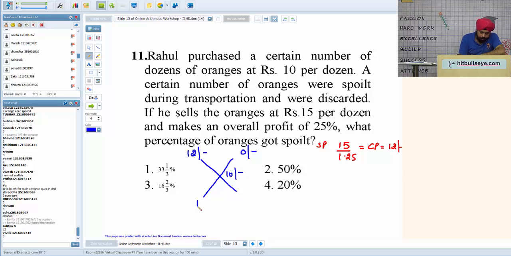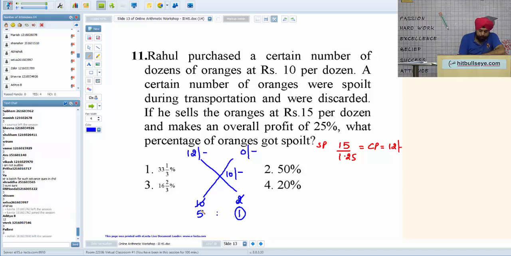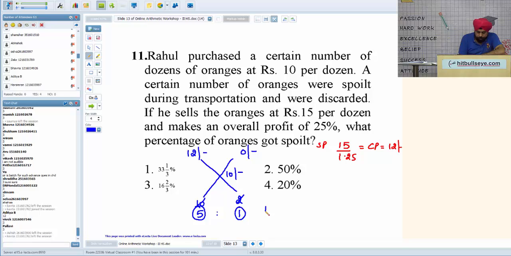So the differences come out to be 10 and 2, that is 5 and 1. So that means if there is one spoiled apple, there are 5 correct or okay kind of apples. So that means 1/6 of the total, students.